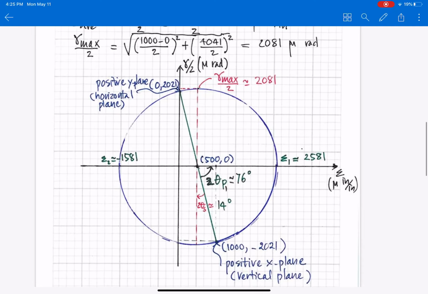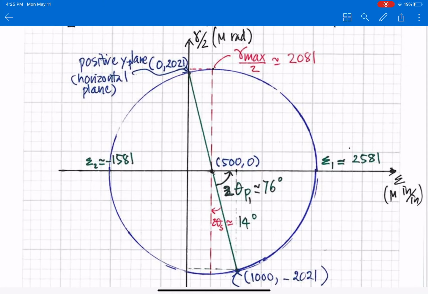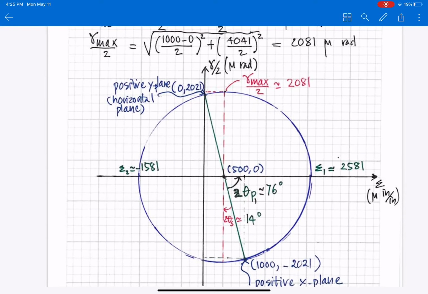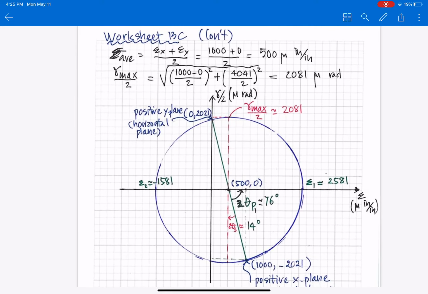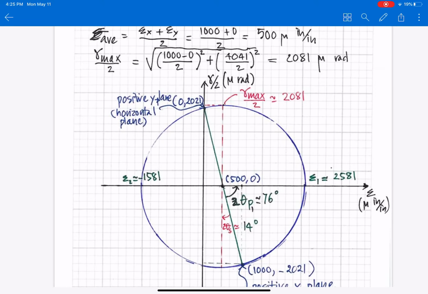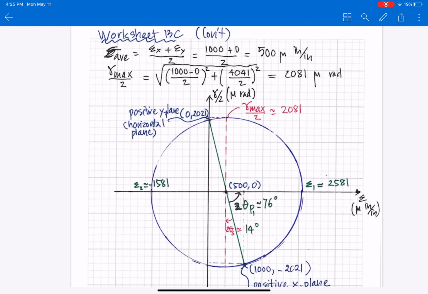From the Mohr circle, we can find epsilon 1 equals epsilon average, 500, plus gamma max over 2, 2081, which gives 2581. And then epsilon 2 is epsilon average, 500, minus the radius, which is gamma max over 2, 2081.